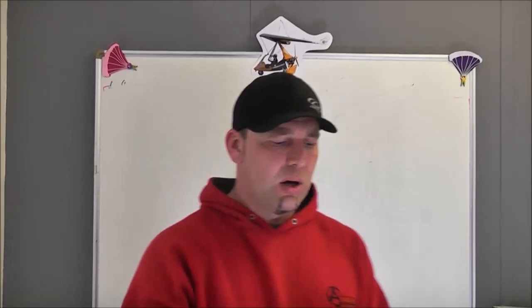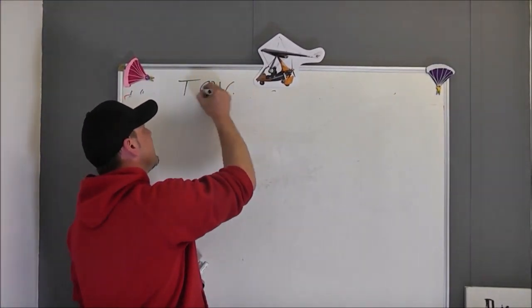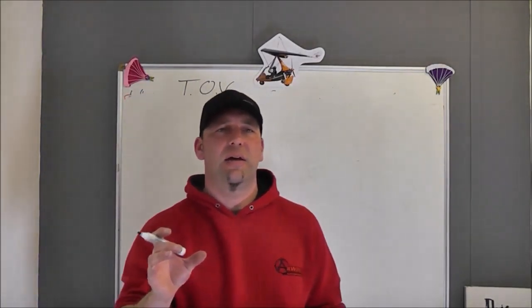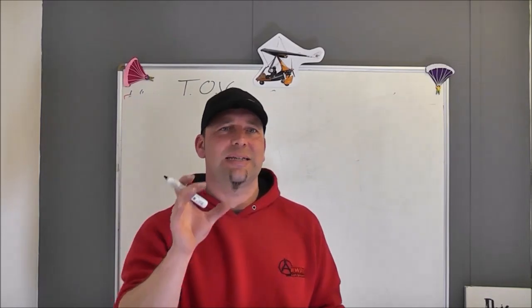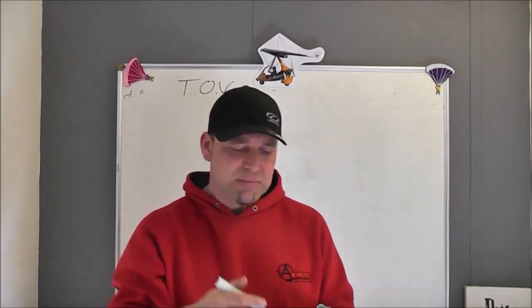What I want to do is give you a great way of practicing T of V's. So what are T of V's first of all? Triangles of velocity. Now velocity is very simple. It is a heading and a speed. It's not specific to anything, it's a heading and a speed.